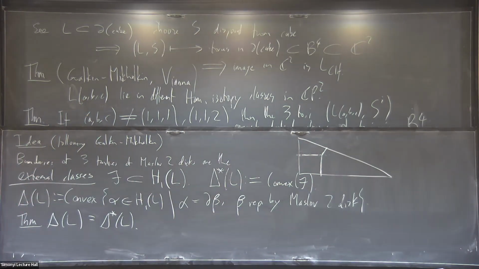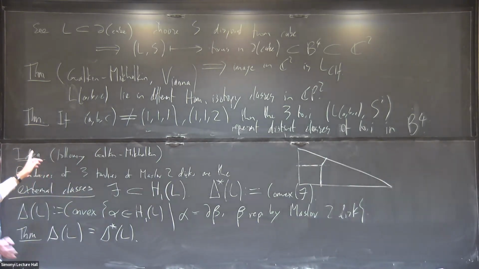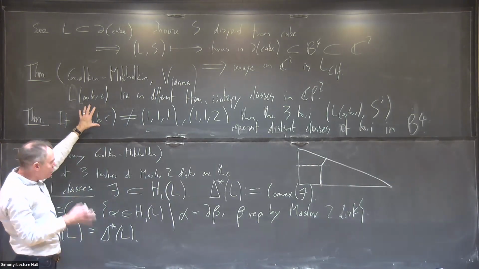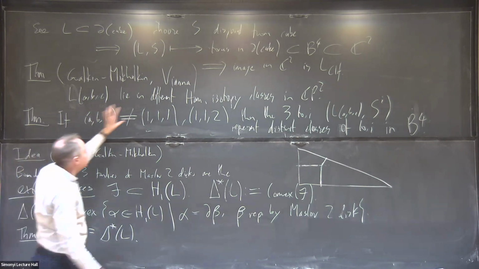I'm going to skip ahead. Our proof sort of goes on. Once we have this information about Maslov 2 disks, we can start to control what happens in the ball.